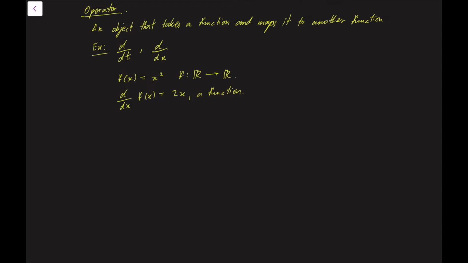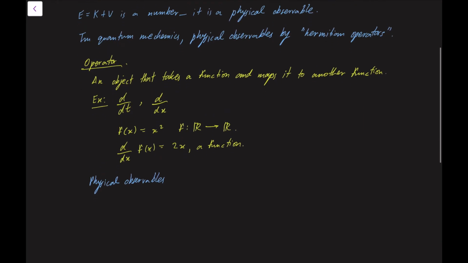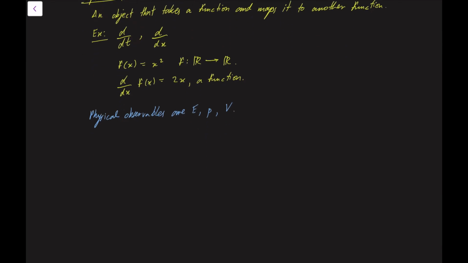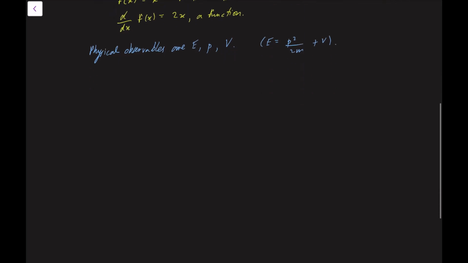So how do we do that? Well, the physical observables in E equals K plus V are E, the momentum P, and V. So this is E equals P squared over 2M plus V. In this case, we want to turn each of these observables into some kind of operator.